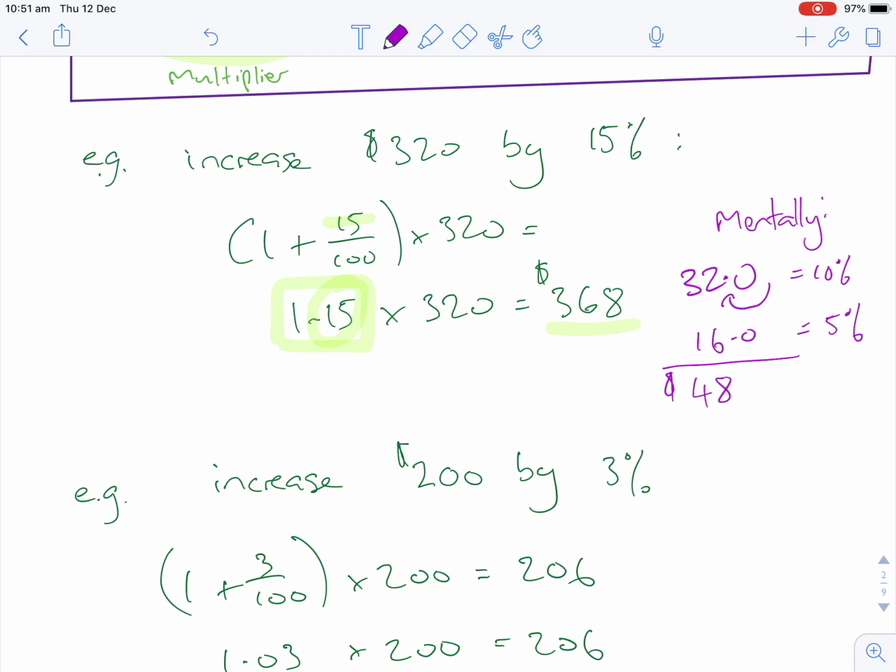That's 15% off, but I wanted to have 15% increase. So I would then be adding that 48 to my original number. So in this case, 320 plus my 48 to make sure I actually get that final number. And I get my 368, which I had already done on the side there. So make sure you remember those mental rules.